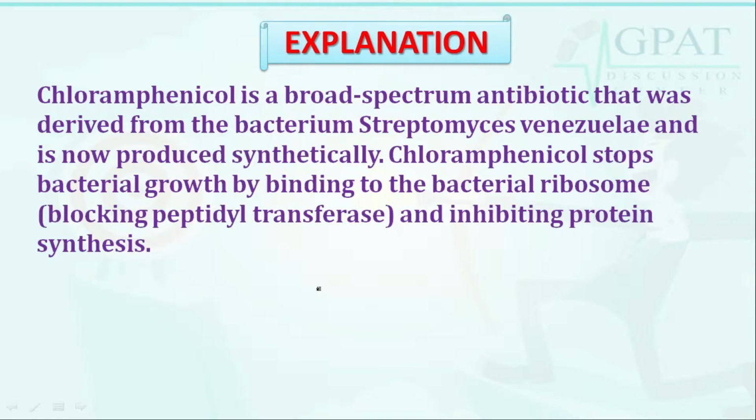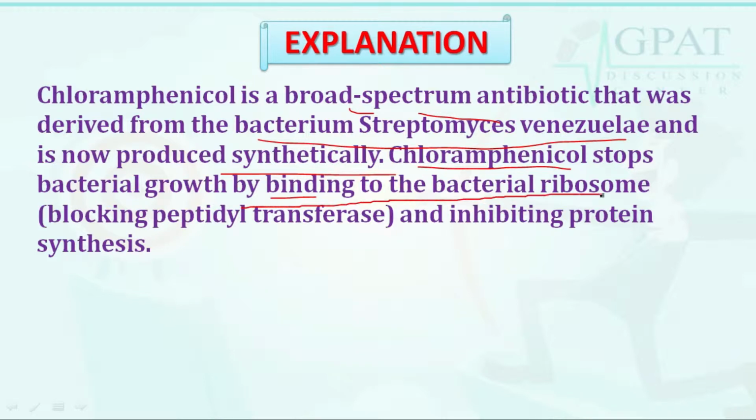Chloramphenicol is a broad spectrum antibiotic that was derived from the bacterium Streptomyces venezuelae and is now produced synthetically. It stops bacterial growth by binding to the bacterial ribosome, blocking peptidyl transferase and inhibiting protein synthesis. So the correct answer is Streptomyces venezuelae.